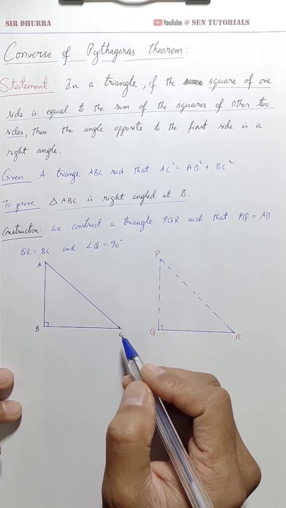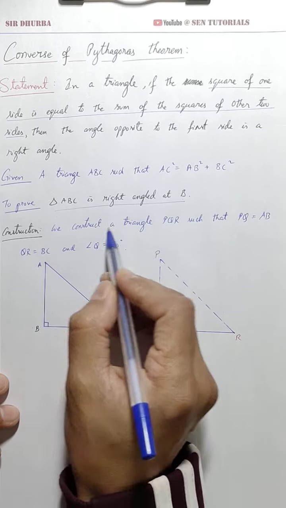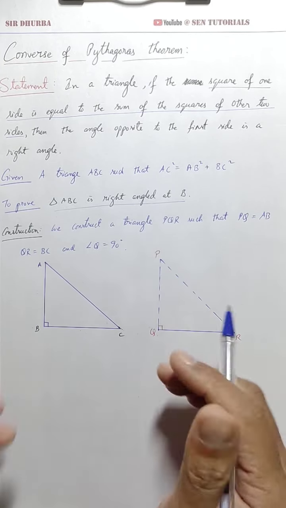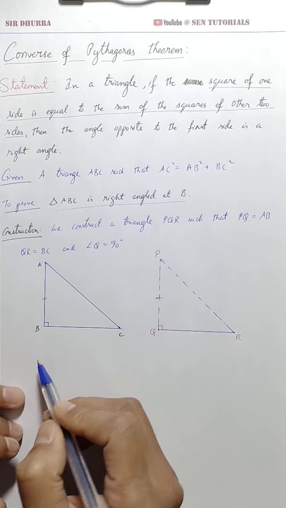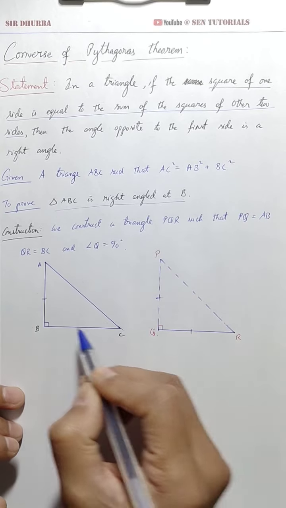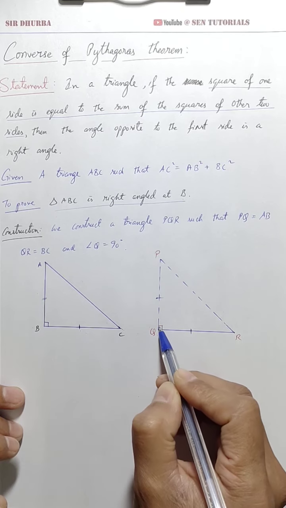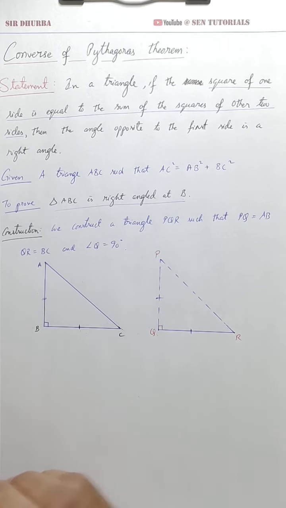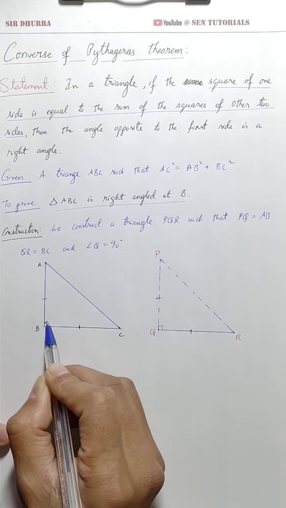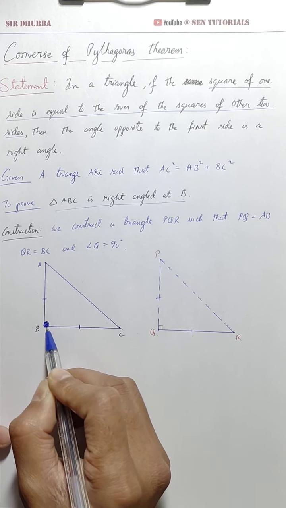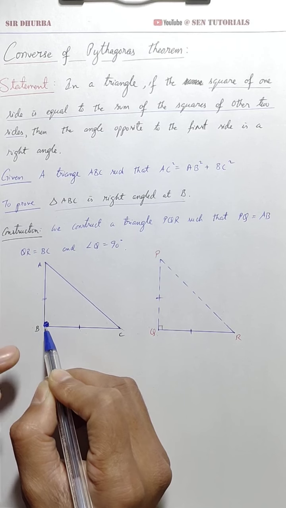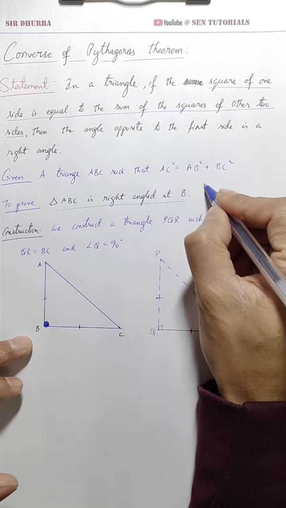What we do now for the proof is construct an imaginary triangle PQR, such that side PQ is equal to side AB, QR is equal to BC, and angle Q is equal to 90 degrees. This is not given for ABC, this is what we have to prove. We do not know anything about angle B. We are supposed to prove that angle B is 90 degrees.